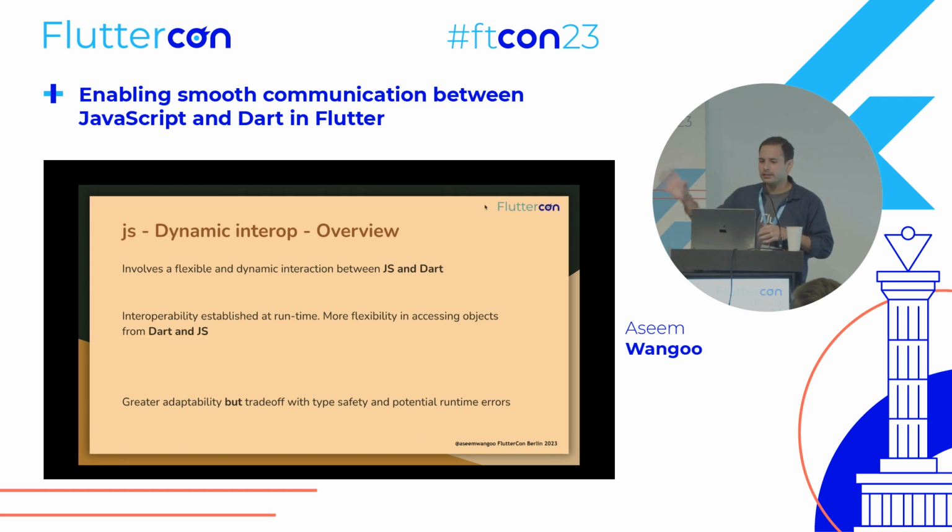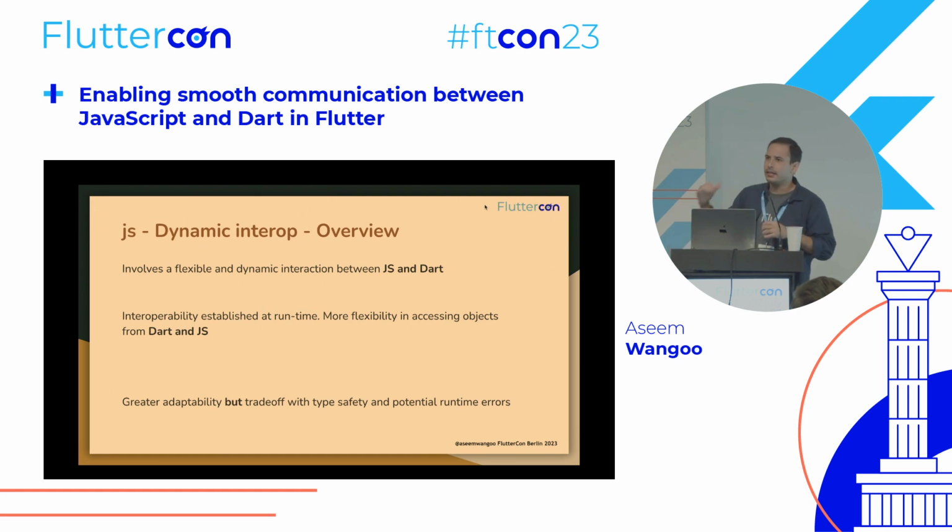Cool. So the other side of the interop, the dynamic interop, allows, as the name suggests, a flexible way to have this communication. When I say flexible, I mean you can create your own path or you can follow the existing ones. It's not so strict, that's why it's flexible.